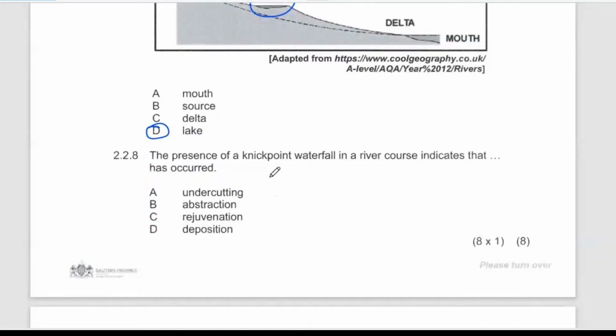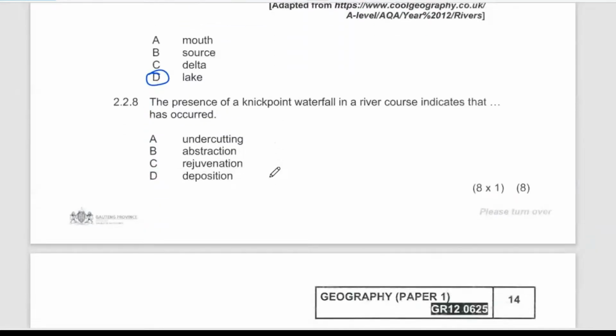Number 2.28 says the presence of a nick point waterfall in a river course indicates that dash has occurred. What facilitates the development of nick point waterfalls is rejuvenation. If a river has renewed its energy, it will ultimately start eroding again.